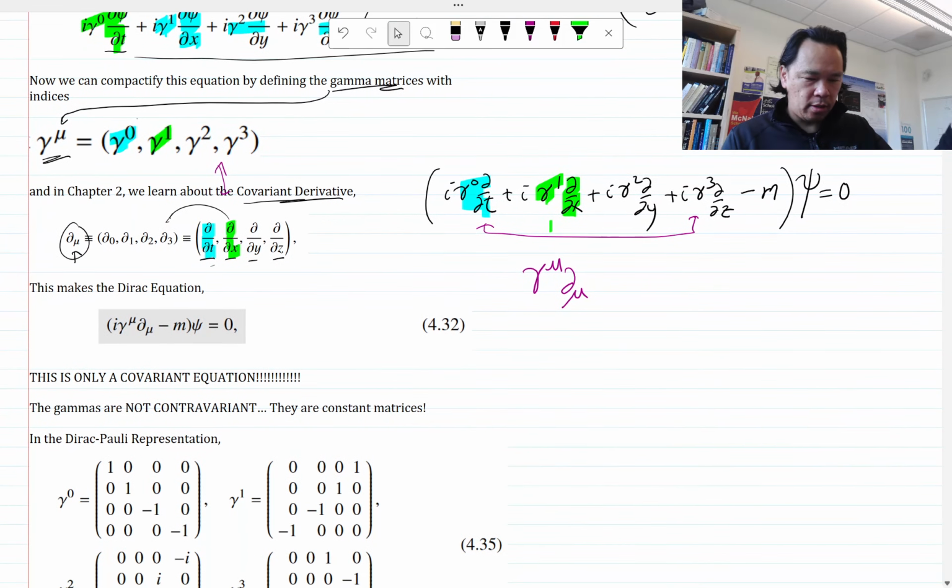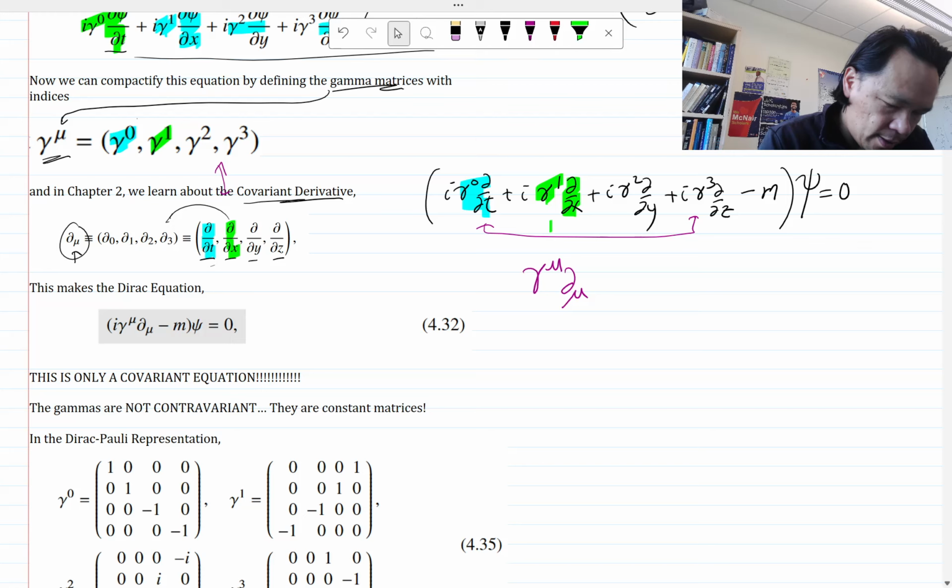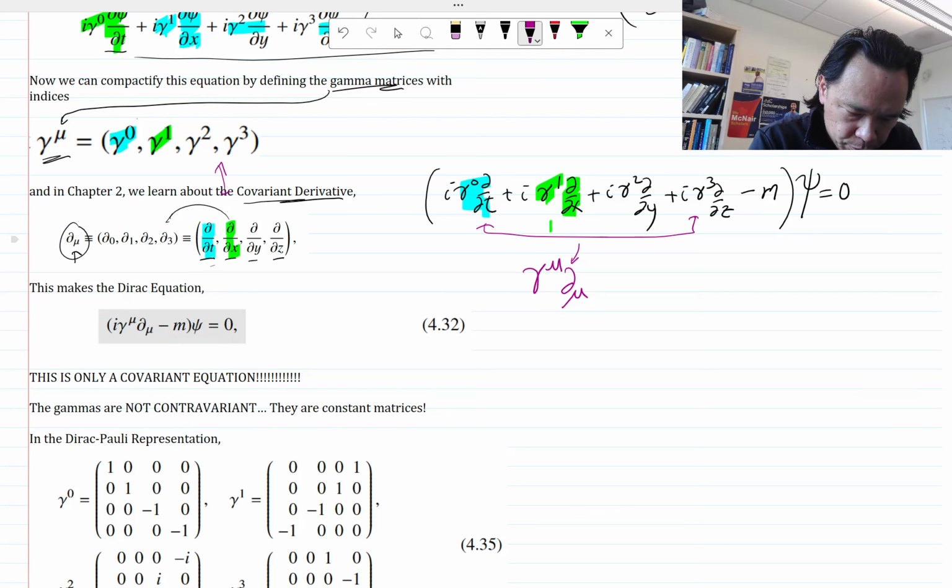You have one index upstairs, you have one index downstairs. In the Einstein summation notation, this is just gamma 0 plus partial 0, gamma 1 plus partial 1, in this case partial x, and then so on with the y and the z components also.